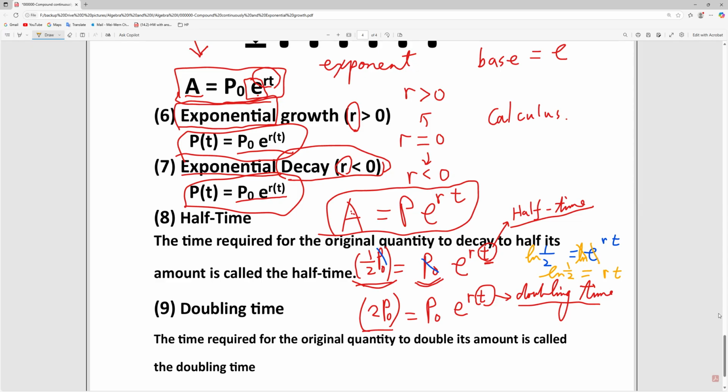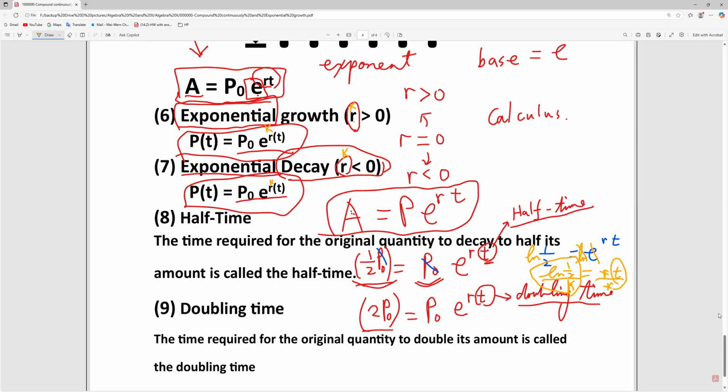And how do I solve for T? I divide by R, right? So you have the formula T equals ln(1/2) divided by R. In most of the formulas, when we talk about exponential growth, we don't use R, we use K. So most of the time they ask you to solve for K, and you can solve for K. But if you want to use the formula, this is K. Okay?